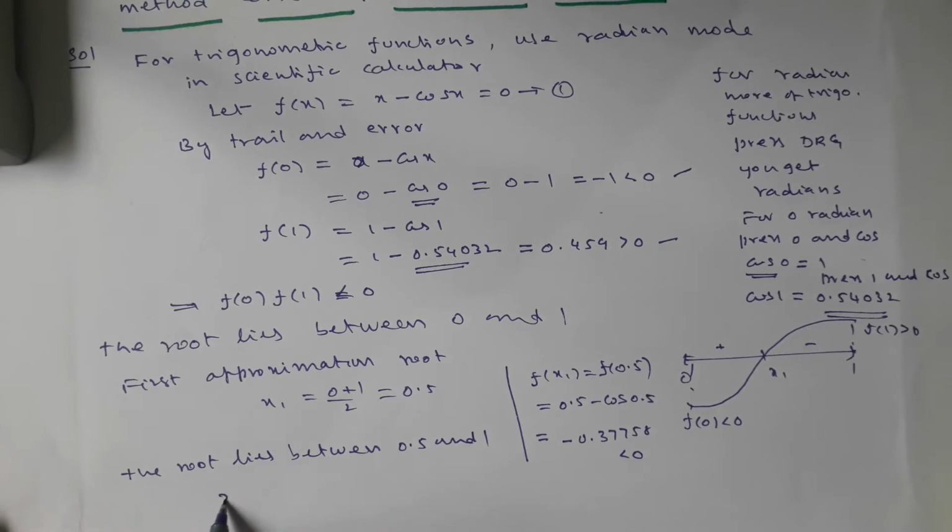x2 is equal to 0.5 plus 1 divided by 2 is equal to 0.75.